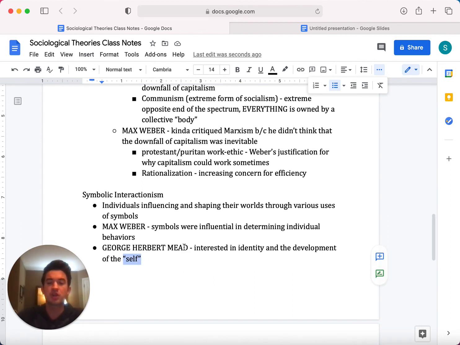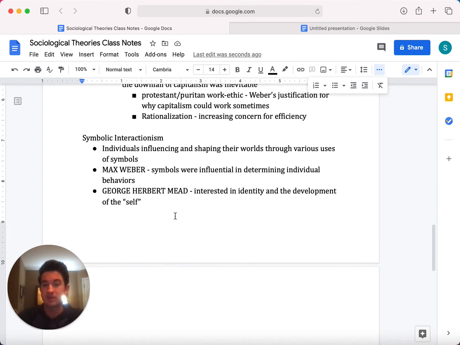Mead had his own theory about how all of our identities are formed, and that contributes to how we think about symbolic interactionism even in a contemporary sense. He was very influential for symbolic interactionism as a whole. We're going to talk about his theory of the self because that comes up time and time again on the MCAT.